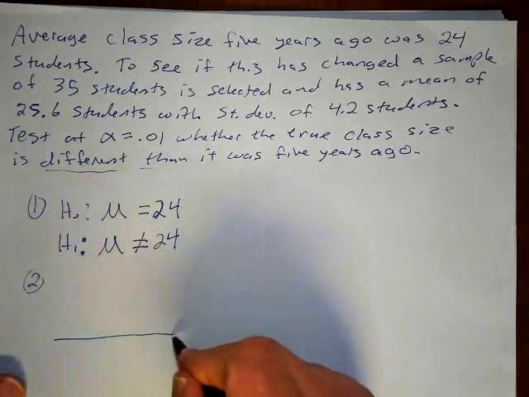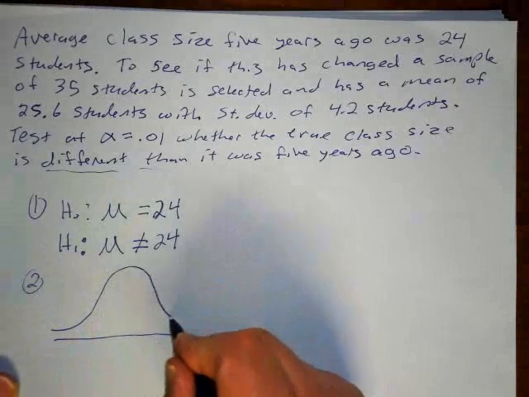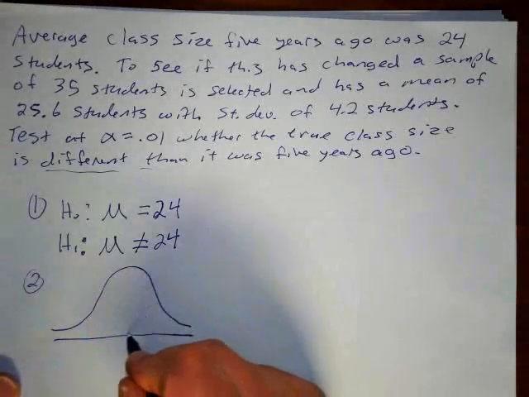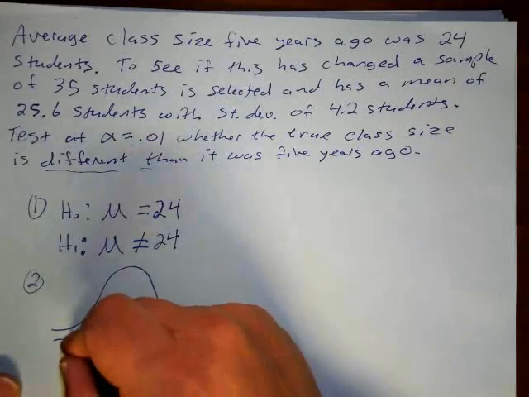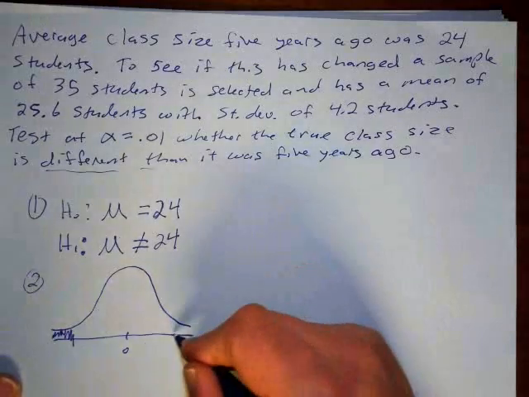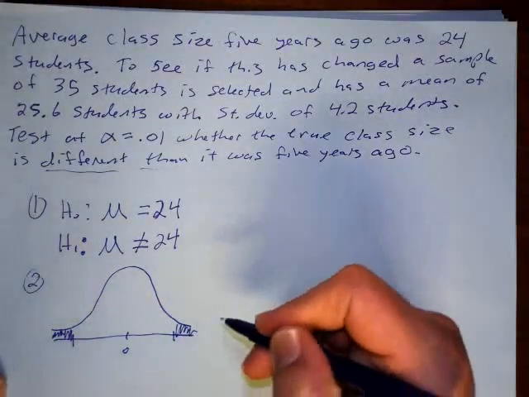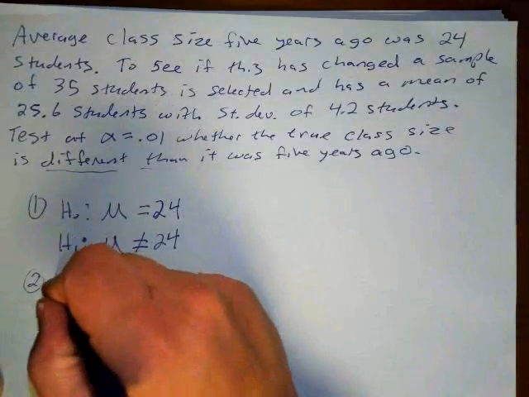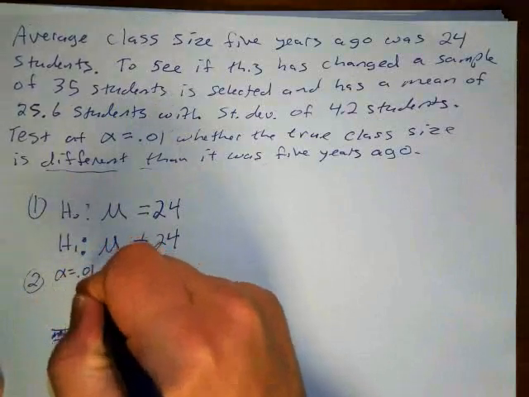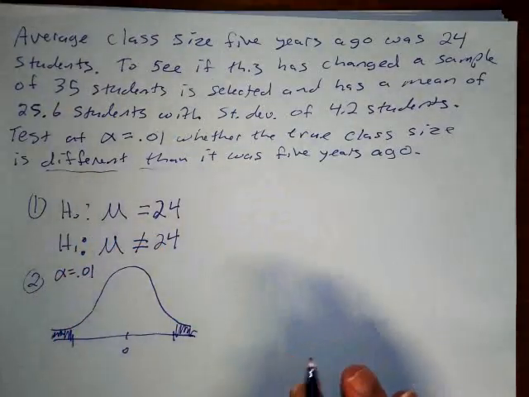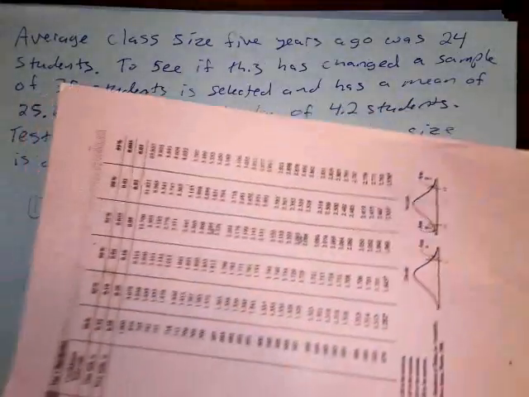So when I set up my hypothesis here, I have to shade a little bit on both tails, like this. Okay? And then my alpha is equal to 0.01. So this is a two-tailed alpha, 0.01.